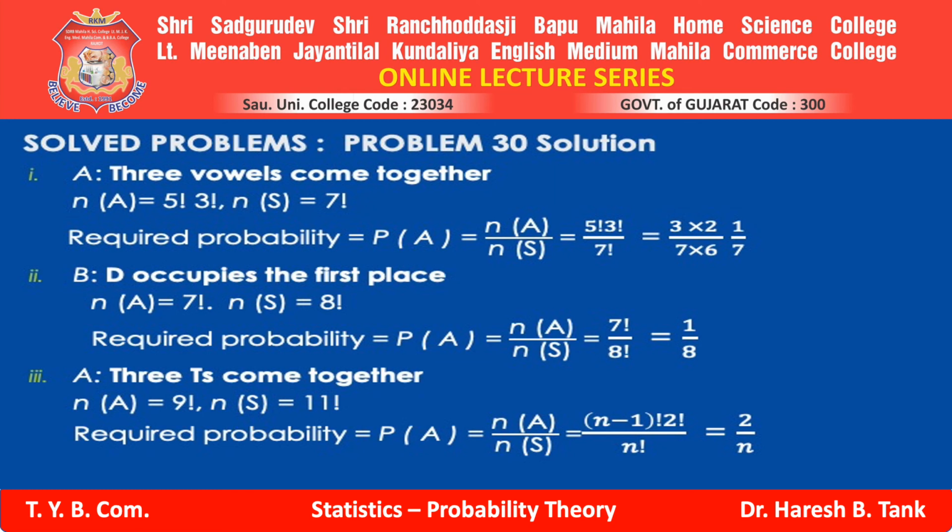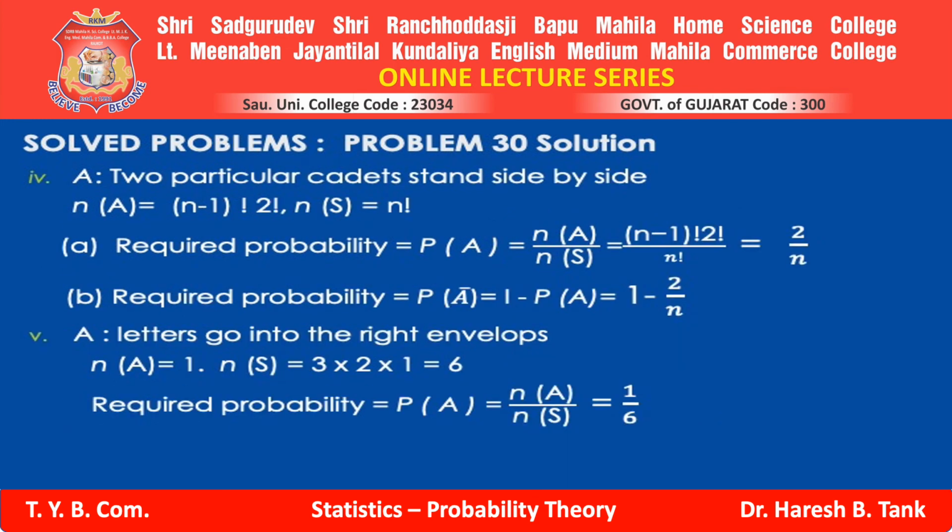So it comes to 9 factorial divided by 11 factorial. Actually there is a mistake here. Just bear with this mistake. It is 9 factorial divided by 11 factorial. If you simplify it, it comes to 1 upon 11 multiplied by 10. 11 multiplied by 10 becomes 110. So it becomes 1 upon 110. Right?